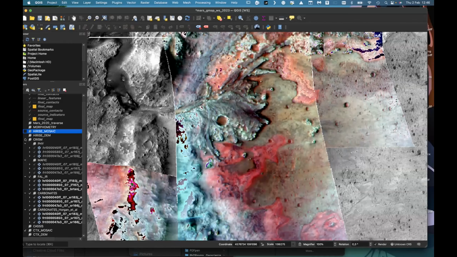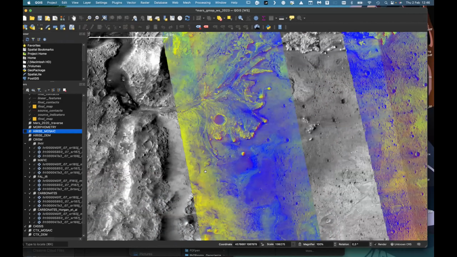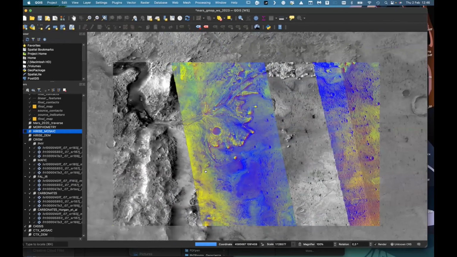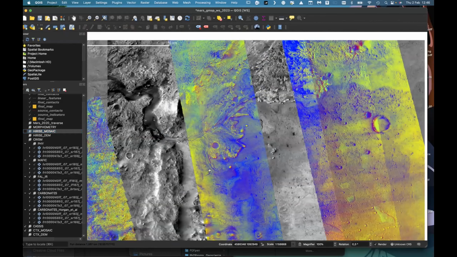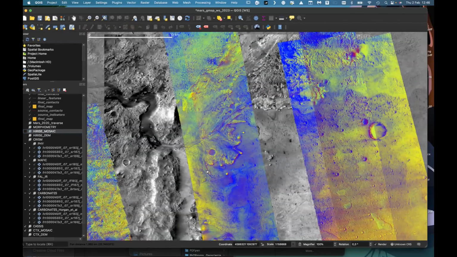Yes, just if I can add also something for how to work between CaSSIS and between CTX, HiRISE, and PRISM. Probably the best approach would be to, of course, use PRISM to give a more genetic interpretation, I mean, a genetic information about the units, and then when you don't have that information, you can try to use more CaSSIS to distinguish the units.